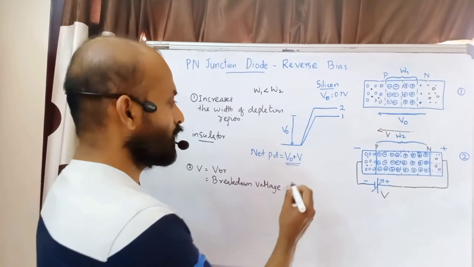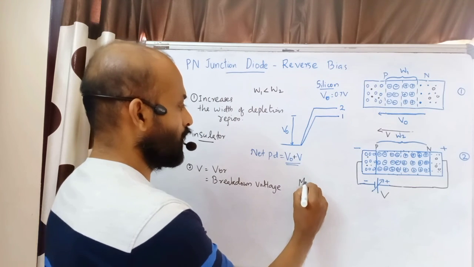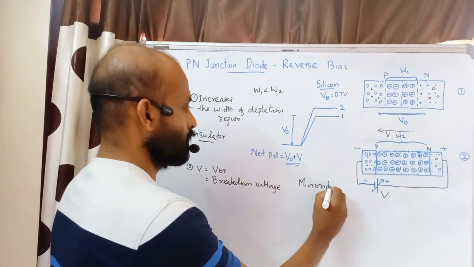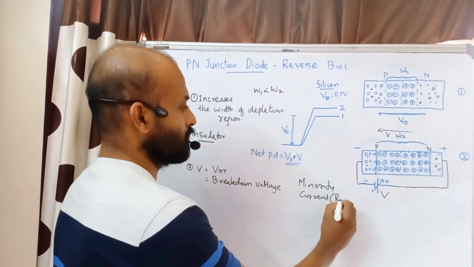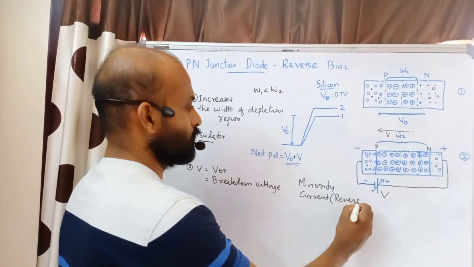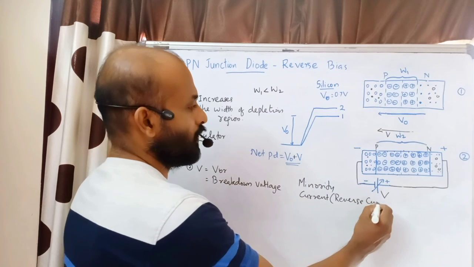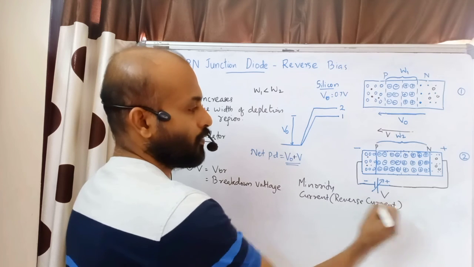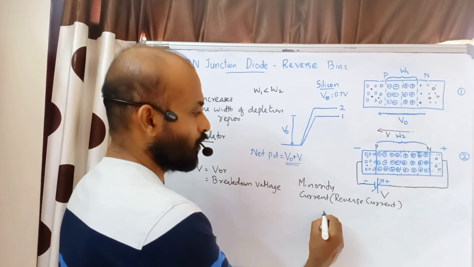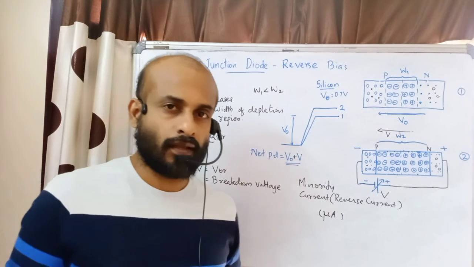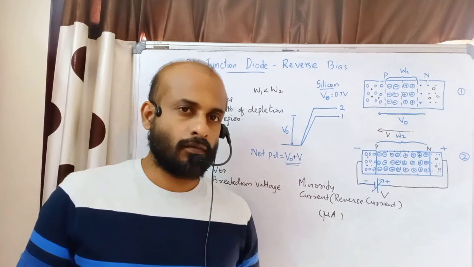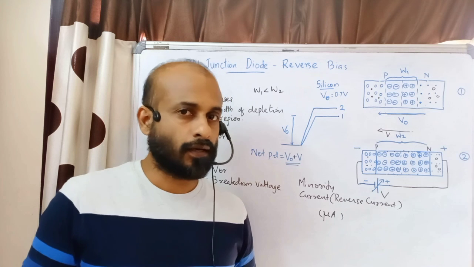Minority current is possible, or it is called a reverse current. So reverse current is possible during reverse bias due to the minority carriers, and it will be in the order of microamperes. This is the PN junction diode under reverse bias.